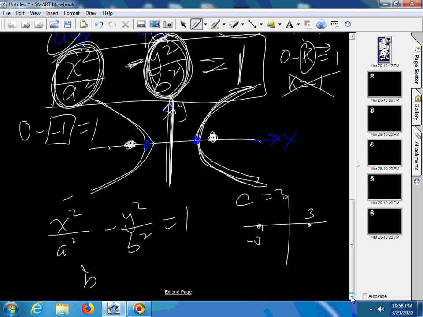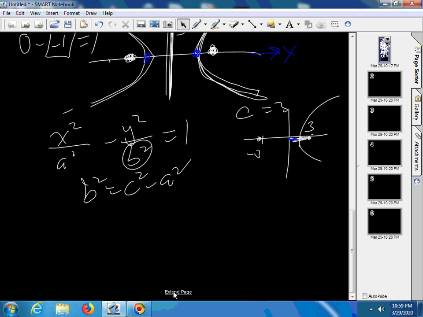Just remember that b squared came from c squared minus a squared. This is this distance squared minus that difference squared. Think about what that might mean. Okay, there is your derivation for the hyperbola where the foci are along the x-axis.